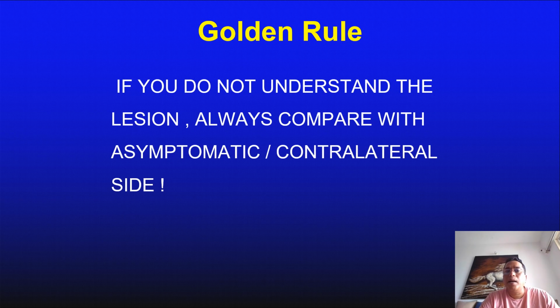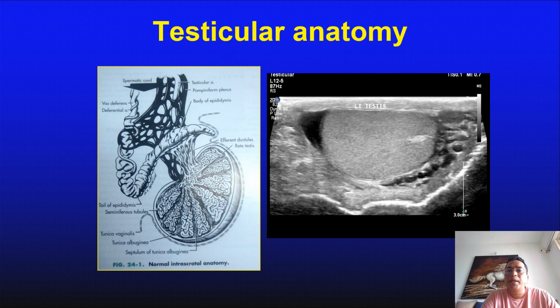One of the best things about ultrasound is that you always have a symptomatic versus an asymptomatic side, and therefore always divide your screen into two and compare the pathologic side versus the non-pathologic side. Coming to the testicular anatomy, you all know that the testes is an ovoid homogeneous organ, seen something like this on ultrasound.